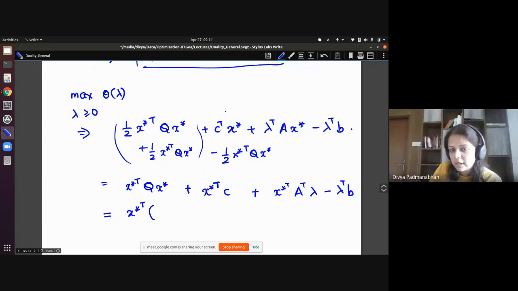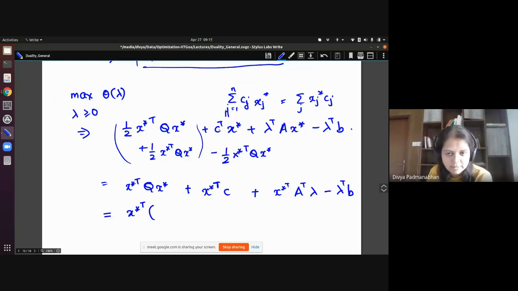In this case, c transpose x star is just one number, the summation over j from 1 to n, because there are n variables, of c_j x_j star. I can also write this as x_j star c_j.